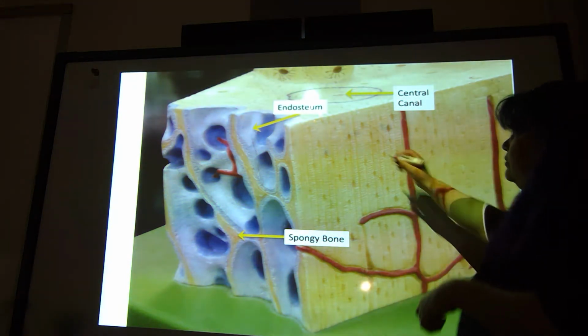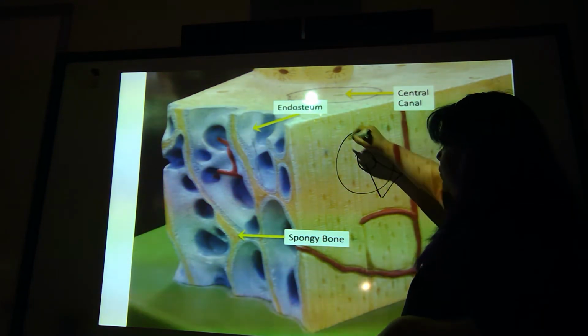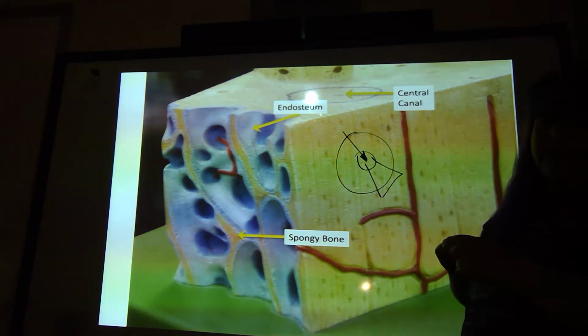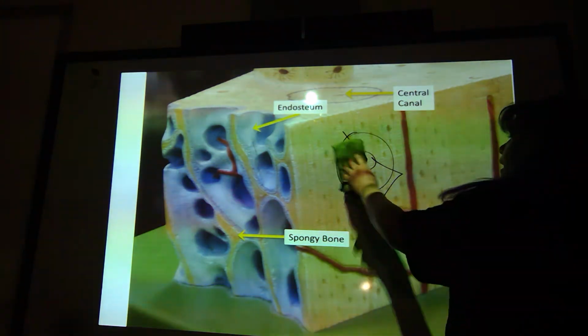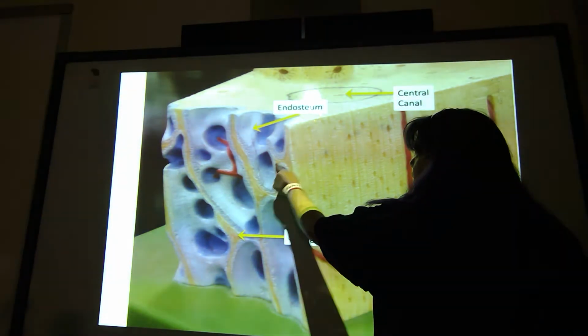Now, if this were our piece of bone, and here's my pie piece, you're looking at it from this side, okay? So you're looking at it from the inside. As you can see, you've got the spongy bone in here.